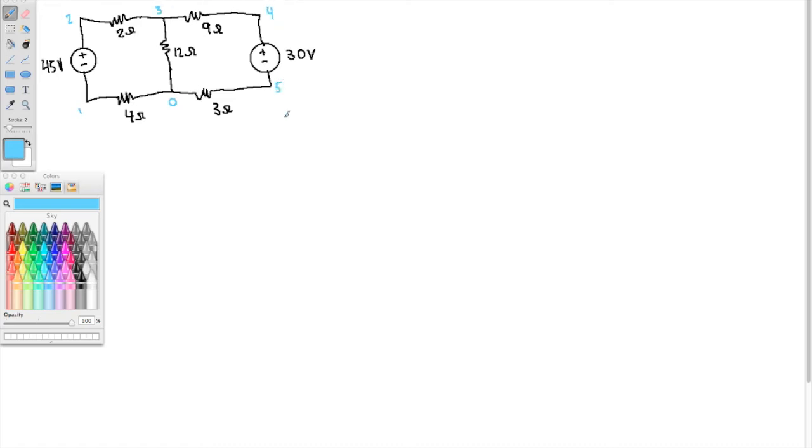Okay, so if you were to use nodal analysis, we have 6 nodes, 6 nodes minus 1 for ground, minus 2 voltage sources.